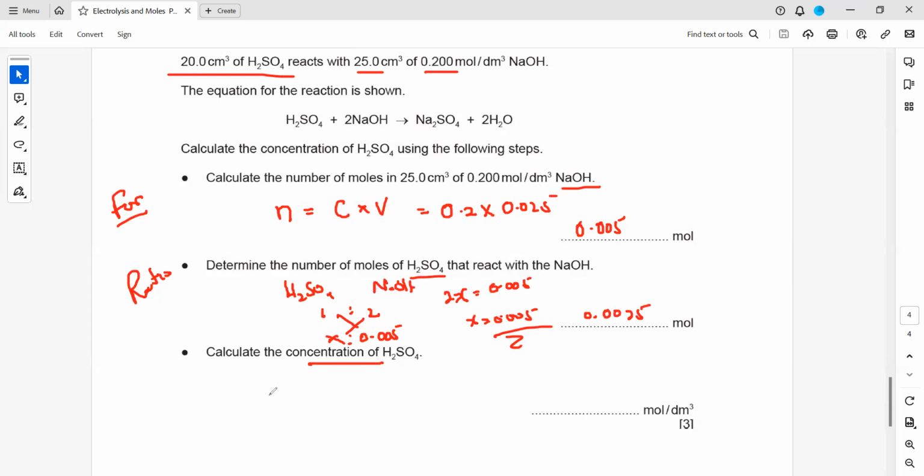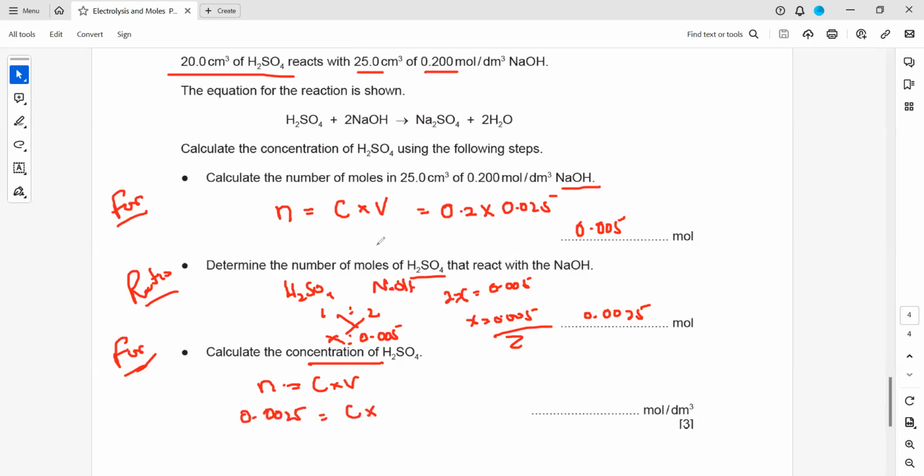Now we need the concentration. To get the concentration, we use the same formula, because the first part we solved by formula, then we used a ratio, and again we'll use a formula. So moles equal concentration times volume. The moles of sulfuric acid are 0.0025.